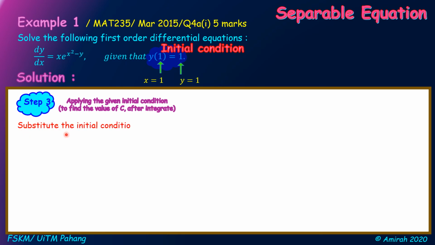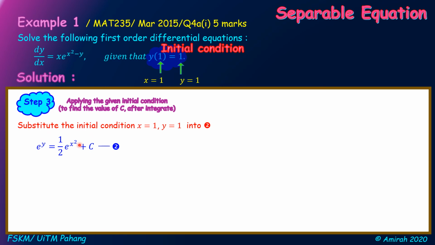We substitute the initial condition x equals 1 and y equals 1 into equation 2. We recall equation 2: e to the power of y equals half e to the power of x squared plus c. This is equation 2 from the previous slide. If the initial condition is not given, this is the final answer.